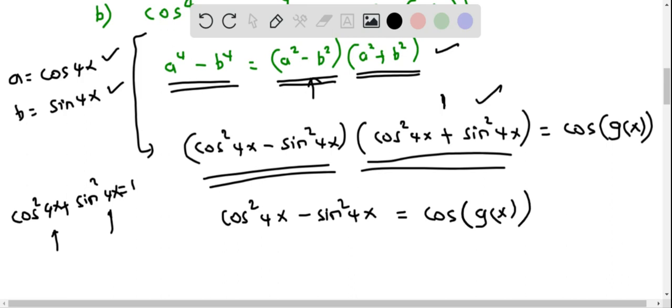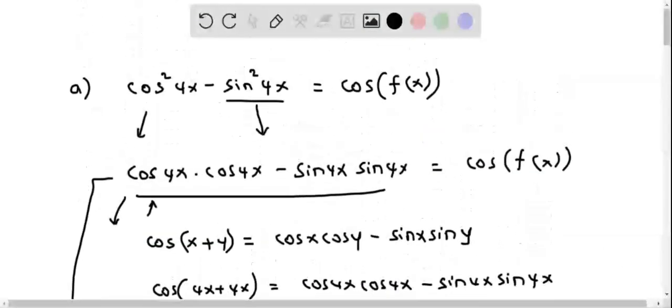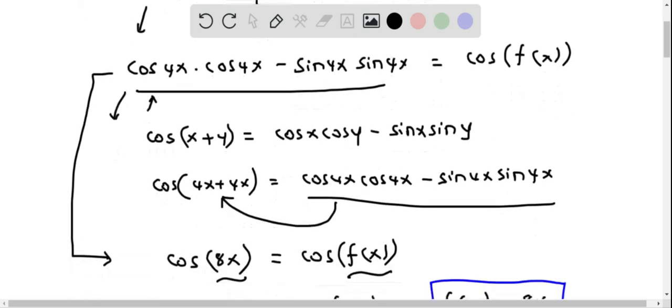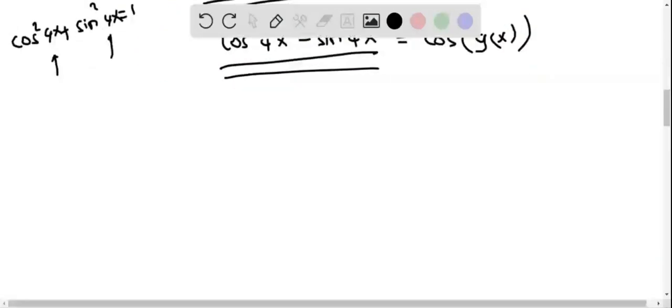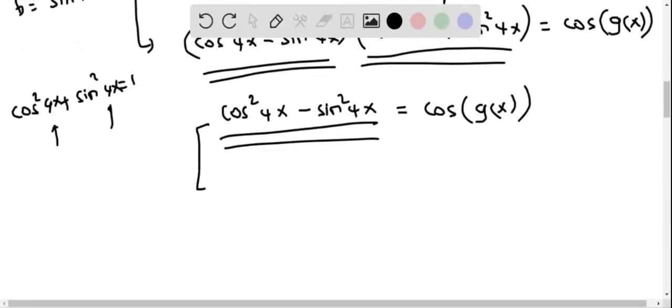And if we look at this left side expression, considering part A, we have already determined that cosine squared 4x minus sine squared 4x, which we have written as cosine 4x cosine 4x minus sine 4x sine 4x, equals cosine of 4x plus 4x, which is cosine 8x. So according to part A, this equals cosine of 8x, and on the right side we have cosine of g of x.